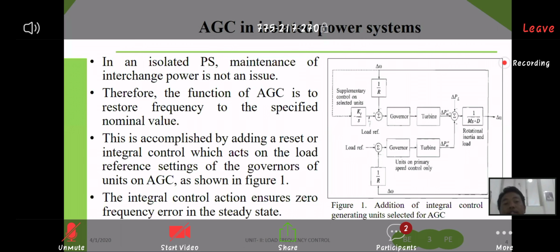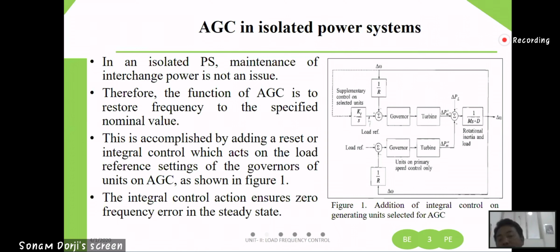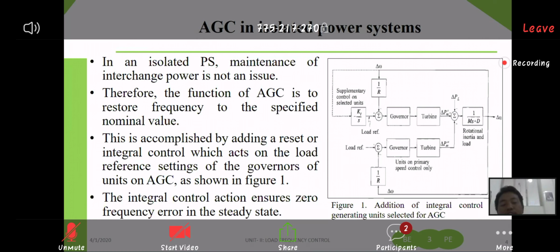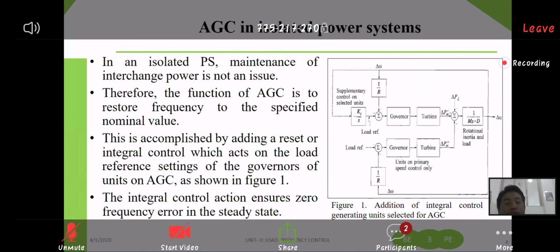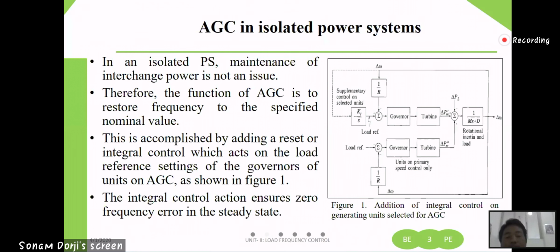In an isolated system, the only function this AGC will perform is to restore the frequency to the specified nominal value. If it is 50 hertz, for example in Bhutan, and there is a frequency deviation from 50 hertz to 49 hertz or 51 hertz, then if you employ this AGC, it will restore the frequency to 50 hertz, which is the nominal value.